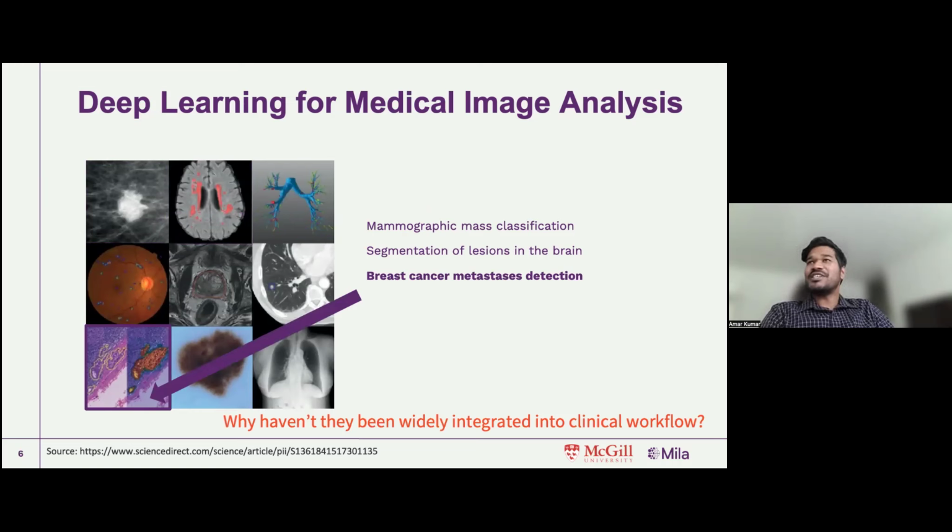But the fundamental question is, why don't we see them being integrated into clinical workflows? What happens in between, that on paper we see such great accuracies and such great performances of deep learning models, but their integration fails in clinical deployment? What is the bridge, or what is missing?